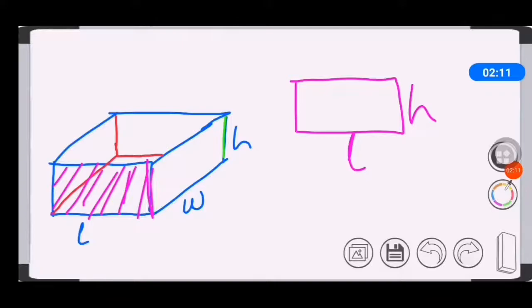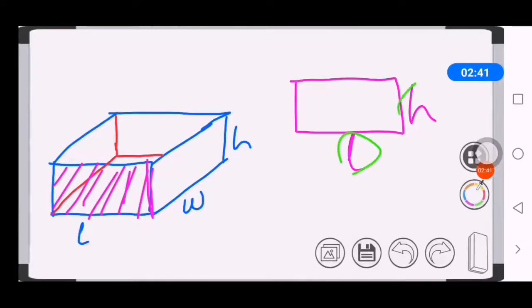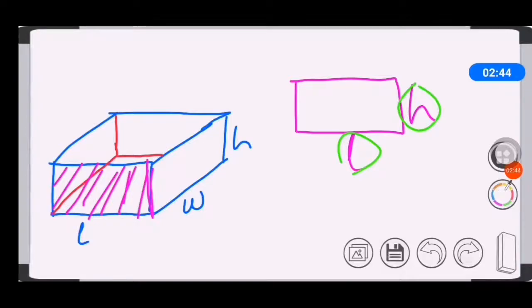The length, 1, 2, there's another one here, 3, and 4. The width, 1, 2, 3, and 4. Got it? Great. Whichever face you are looking at, you should have 2 dimensions for that shape from the figure.